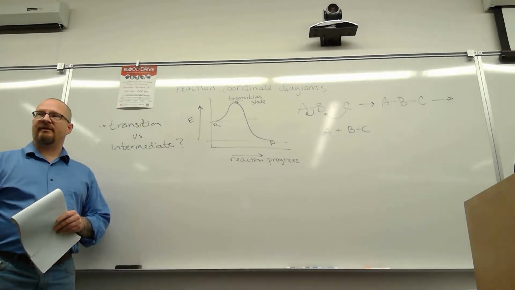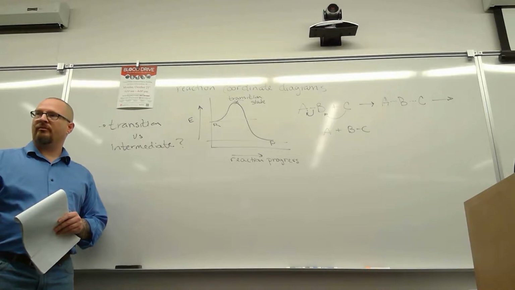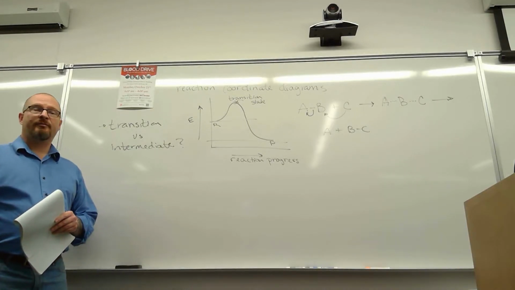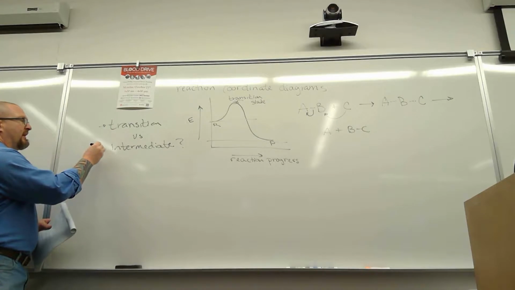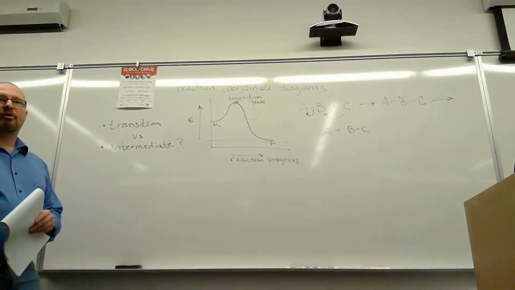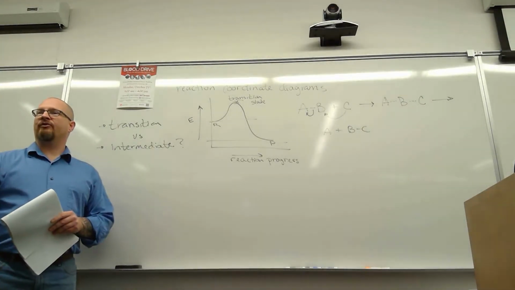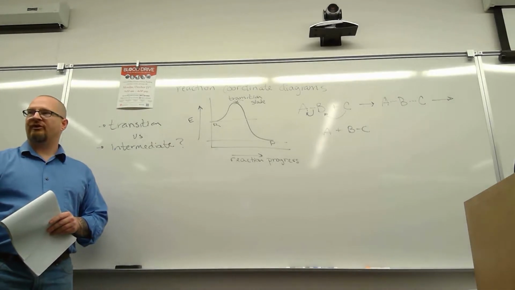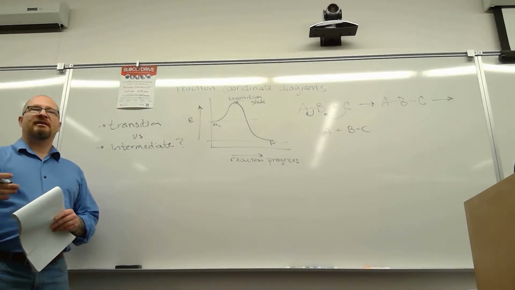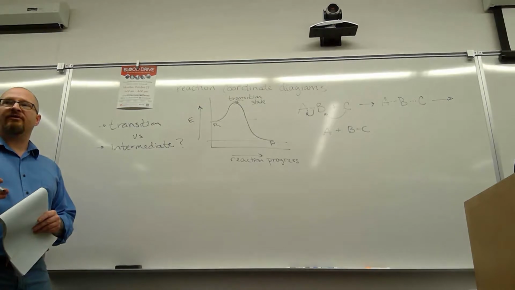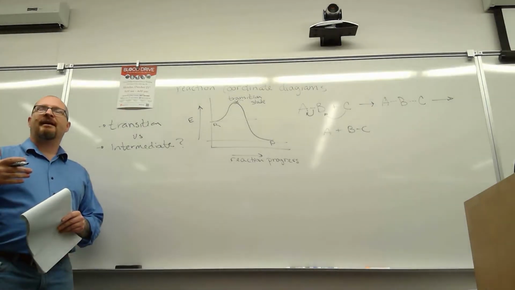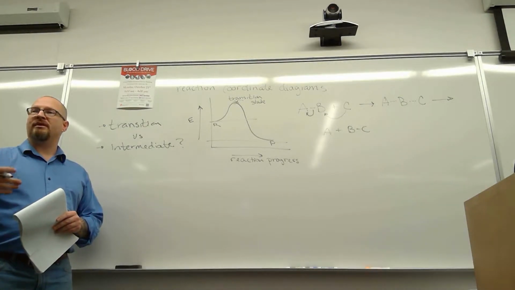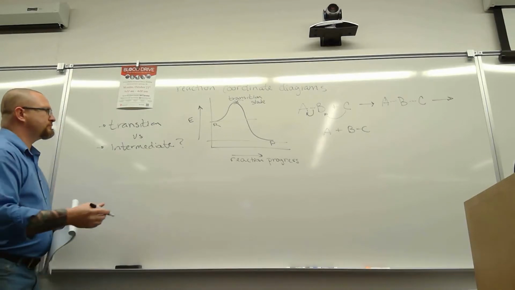They're so transient, in fact, that you don't have stable bonds formed, and they're not observable. Whereas an intermediate is a high energy product which then undergoes rapid subsequent reaction, but it does have actual bonds formed. It's just a higher energy intermediate product.